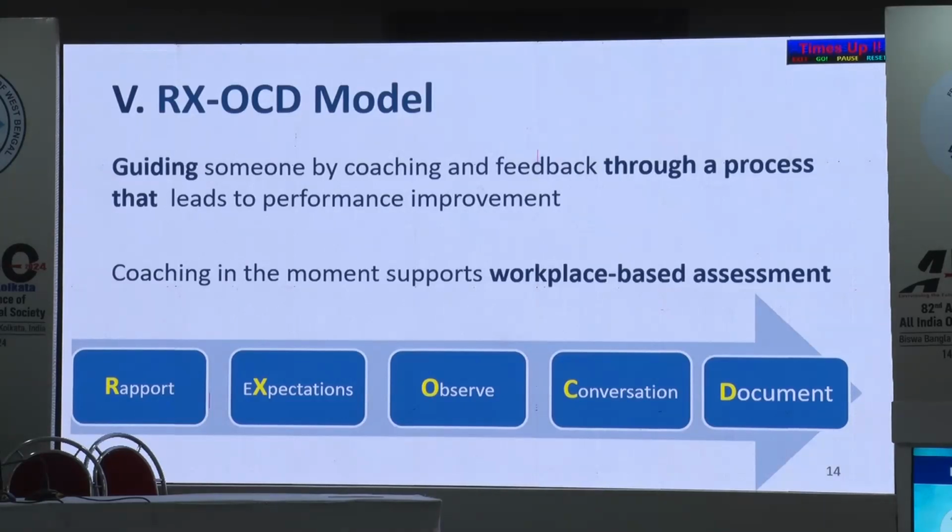And the outcome there is to do that surgery as best as the trainee can. Report, again, relationship, expectations very clearly explained about the task that is done, observe, conversation, and documentation.